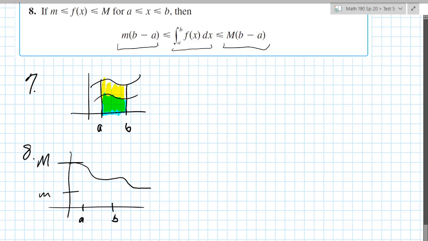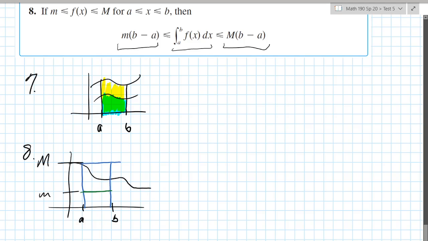So what that's saying is if you have this big rectangle, that big rectangle area is big M times b minus a. You've got this green rectangle. That green rectangle area is small m times b minus a.